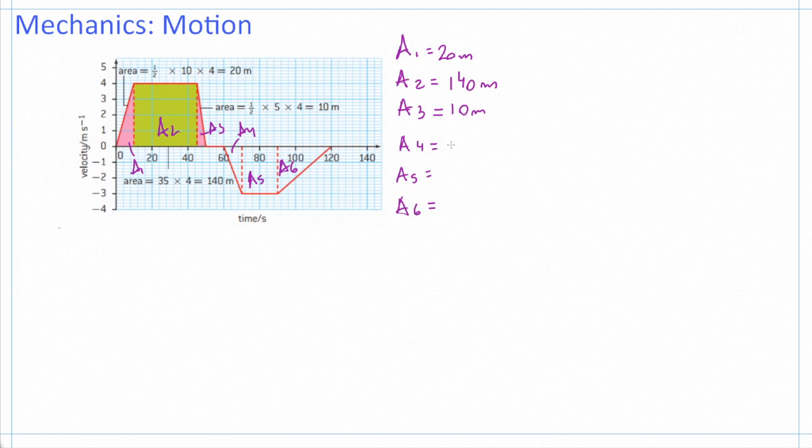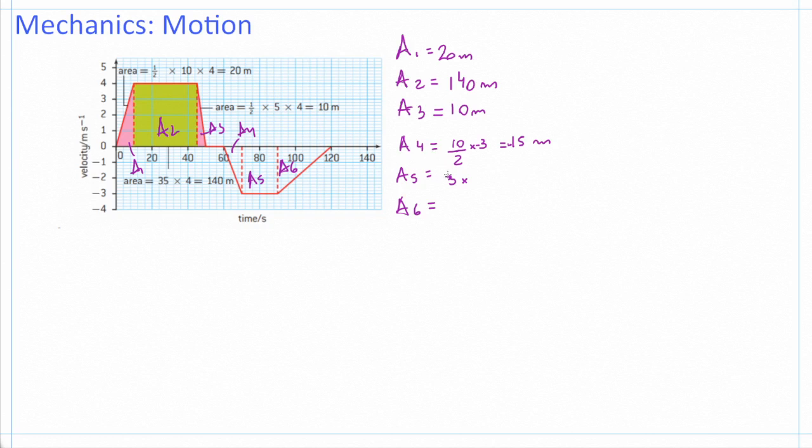So this area A4 is a triangle with base 10. So it should be 10 over 2, and the height is 3. So that's 5 times 3, which is 15 meters. A5 is a rectangle. Height is 3. If you consider height to be negative, it would be negative 15. I'll put the sign here just because it's going to show us that it's actually a negative displacement, so we're going backwards.